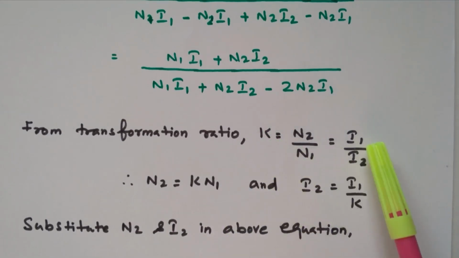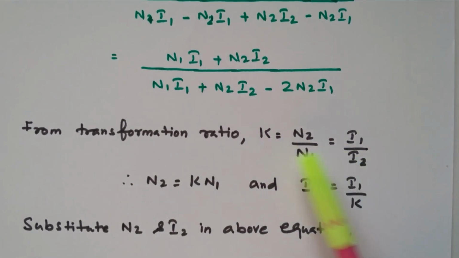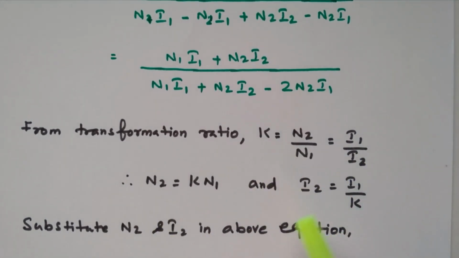Similarly, I1 equals K into I2, so I2 equals I1 by K. So, we are getting the value of N2 and I2 from these equations. Now, we will substitute these two values, N2 and I2, in the above equation.